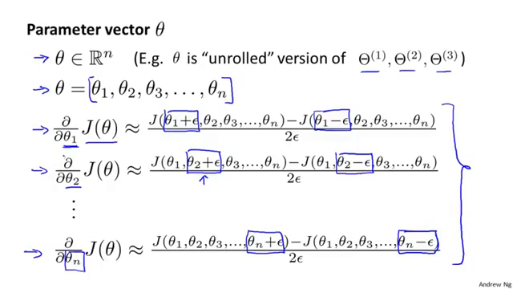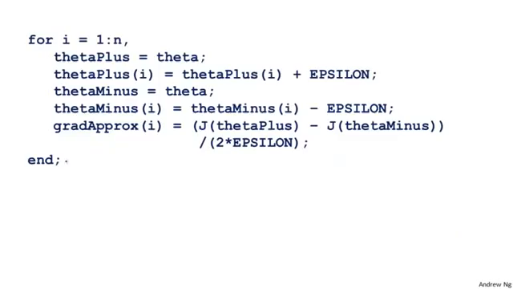Concretely, what you implement is the following. We implement the following in Octave to numerically compute the derivatives. We say for i equals 1 through n, where n is the dimension of our parameter vector theta, and I usually do this with the unrolled version of the parameters. So theta is just a long list of all of my parameters in my neural network, say. I'm going to set thetaPlus equals theta, then increase the ith element of thetaPlus by epsilon. So thetaPlus is basically equal to theta except for thetaPlus i, which is now incremented by epsilon.